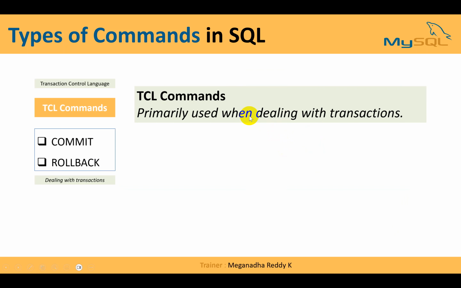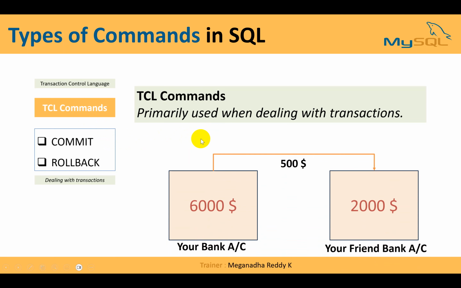And the last one we have is transactional control language, which is TCL. To understand TCL, let's take a simple example. Your bank account has, let's say, $6,000 balance, and your friend's account has $2,000 balance. Now you're transferring $500 to your friend's account, and in this case we have to do two updates. So your balance should become 5,500, and your friend's balance should become 2,500.